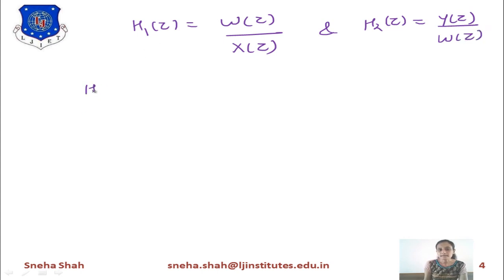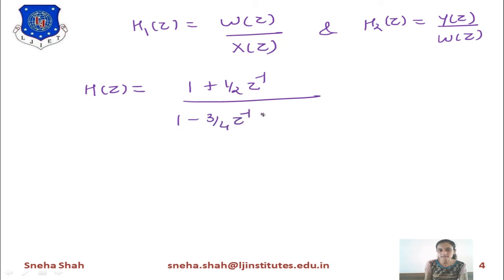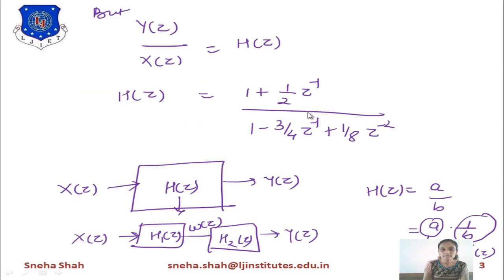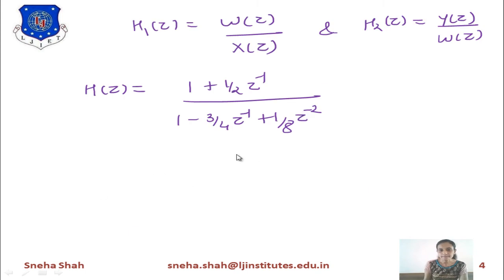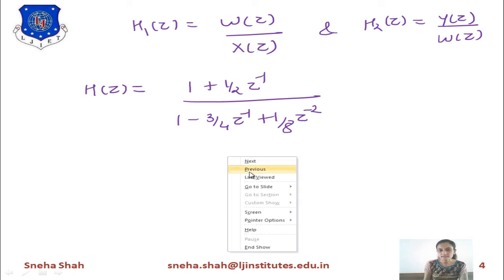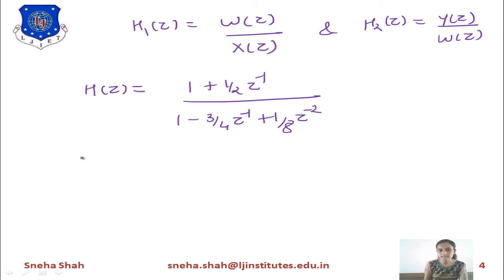Now as I have taken, H(z) equals 1 plus 1 by 2 z inverse upon 1 minus 3 by 4 z inverse plus 1 by 8 z raised to minus 2. This term we had already derived up to this, right? So I have taken this term as it is over here. Now this term will be represented in terms of H1(z) and H2(z).